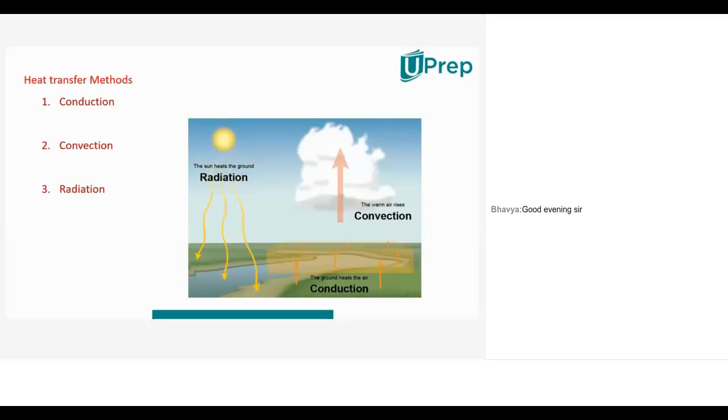The first method is called conduction. The second method is called convection. The third method is called radiation. So how many types of transfer of heat energy will be there? Three types.